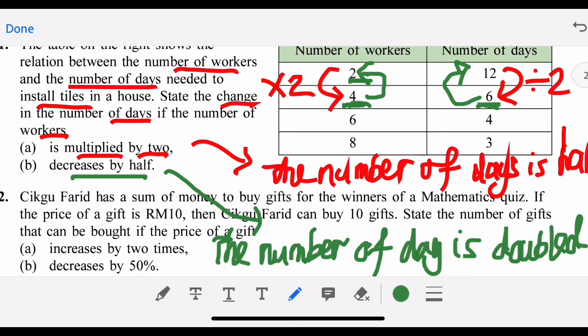It will be double. Alright, the change in the number of days is from 6 days to 12 days when the workers change from 4 to 2, so 4 workers become 2 workers. So the number of days changes from 6 to 12, so it becomes double. The number of days is doubled. Alright, clear?